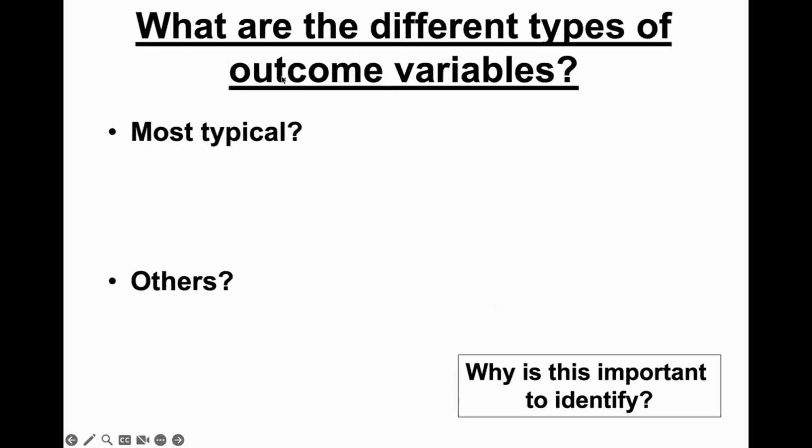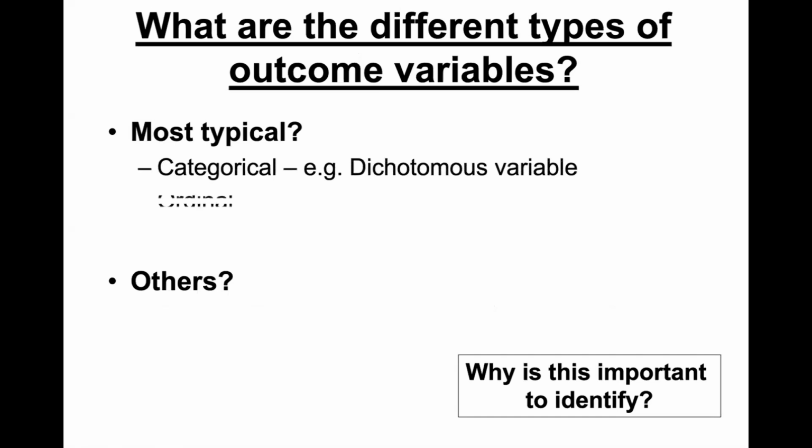Okay. And then what are the different kinds of outcome variables typically? What is this disclosure worry? And that's the Likert scale. So would that be ordinal? It's actually a continuous variable because it goes from 0 to 100.